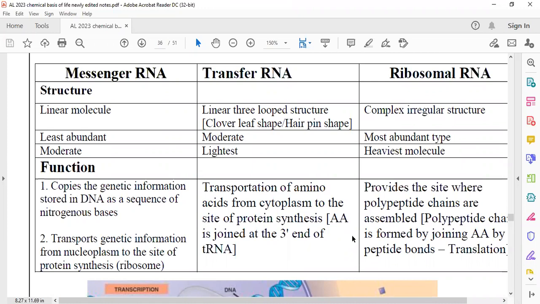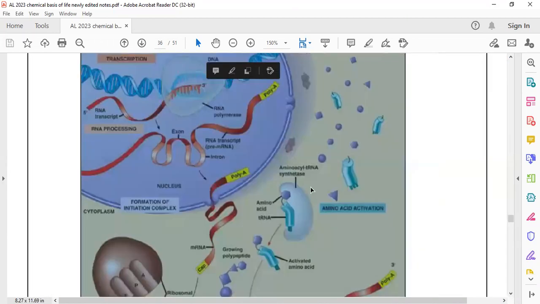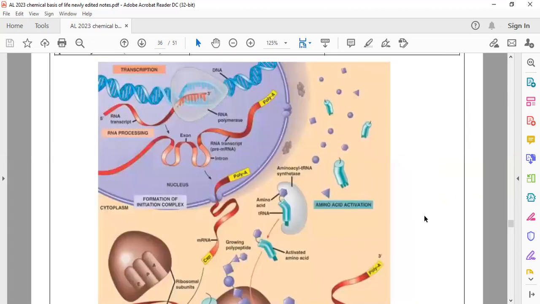Ribosomal RNA is called rRNA. When you are writing rRNA, it should be a simple r written in the front. Here, I have selected this diagram to explain the contribution of all these three together.